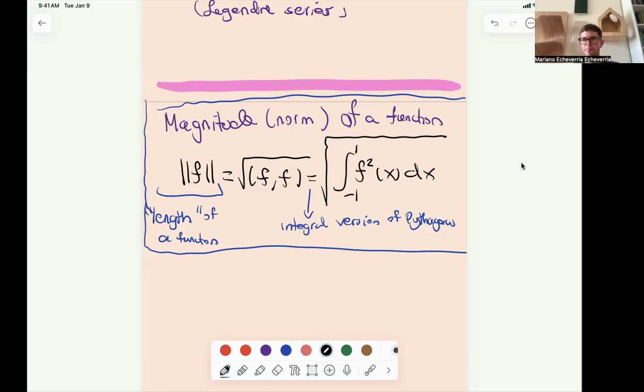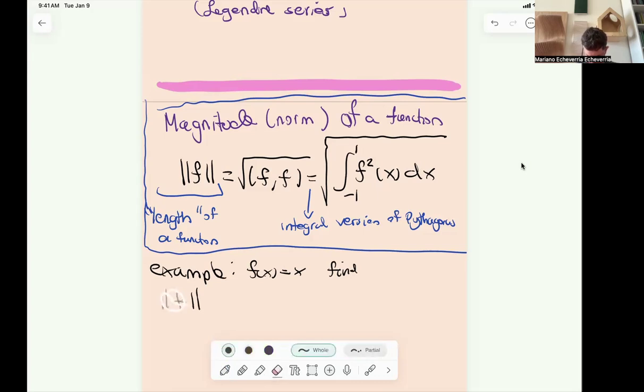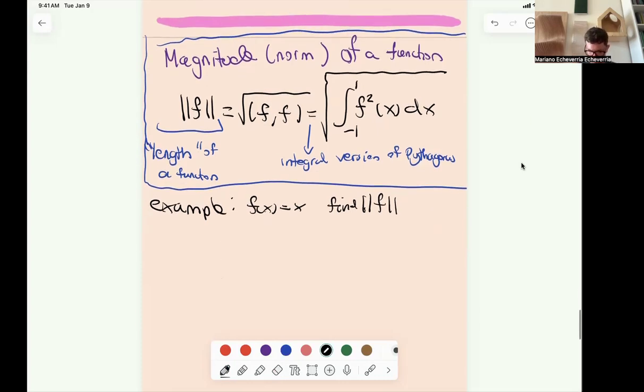So let's find the magnitude of, I don't know, f of x equals x, just to do something easy. Again, the magnitude of the function would be the square root of the integral of the square of the function.